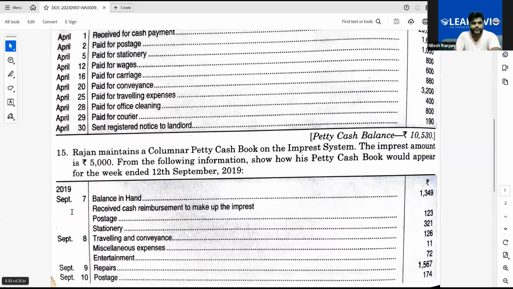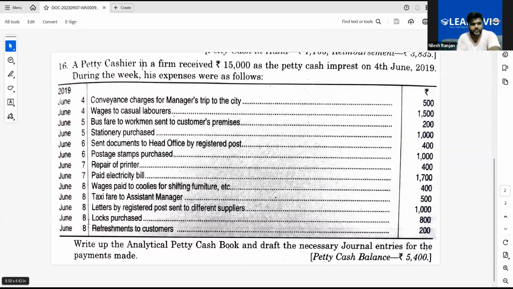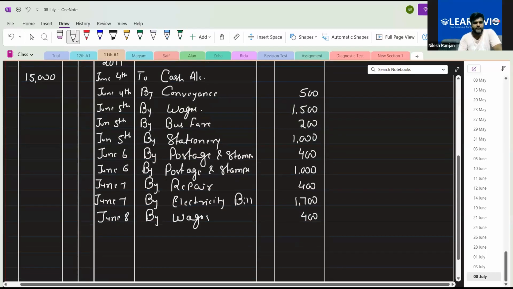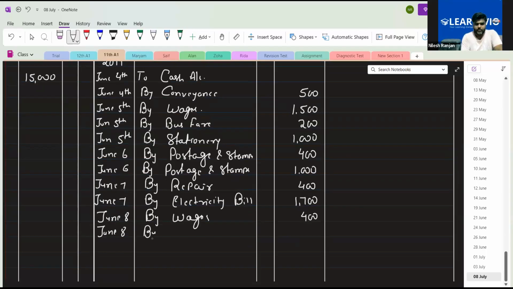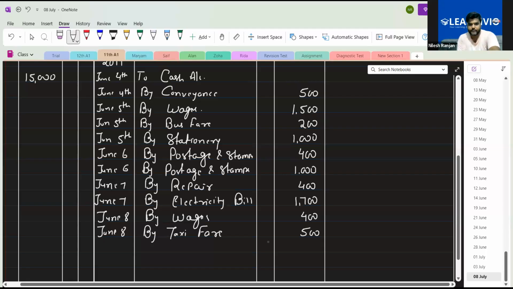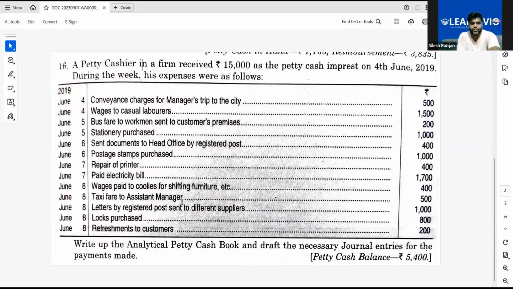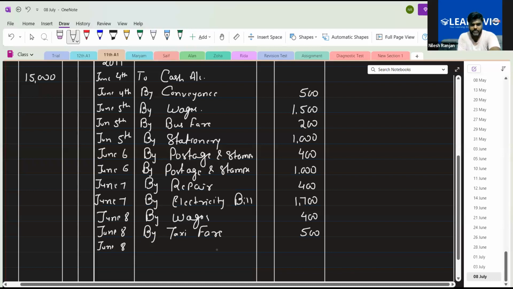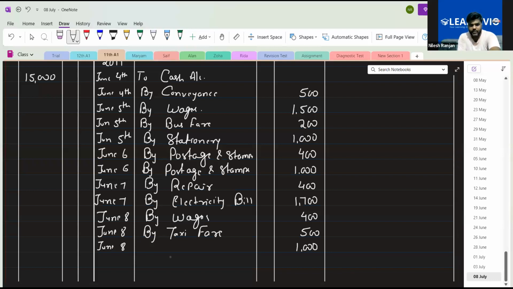Then there is taxi fare, June 8, by taxi fare. It is 500. Later, by registered post, June 8, 1000. June 8, 1000 by postage.